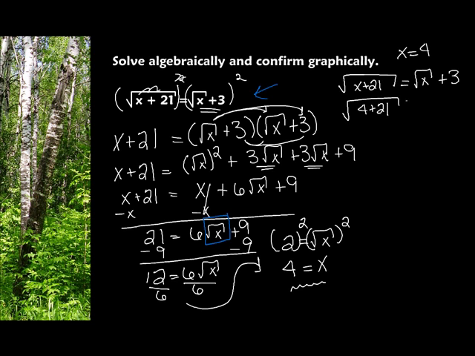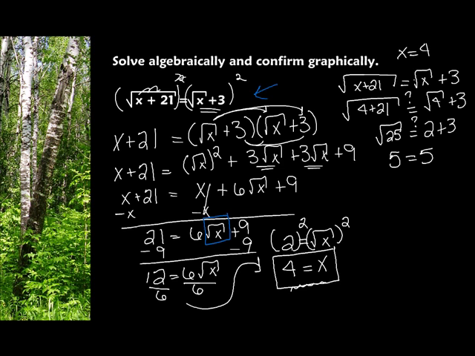And I'm not sure, but I hope it equals the square root of 4 plus 3. Well, 4 plus 21 is actually 25. The square root of 4, oh, still a question mark, we don't know. The square root of 4 is 2 plus 3. Well, the square root of 25 is 5, and that equals 5. So, yep, x equals 4 is a solution.